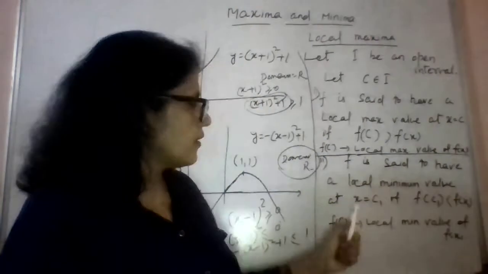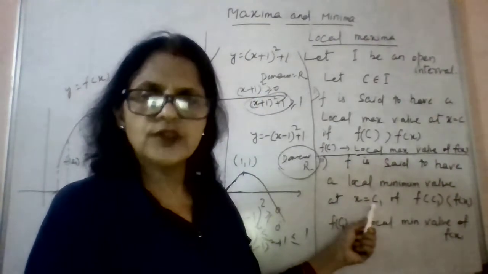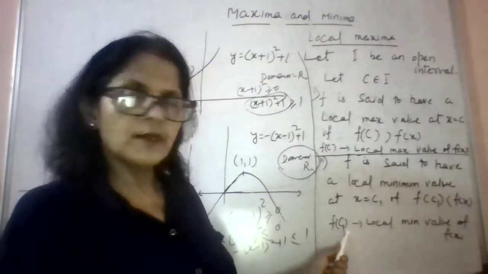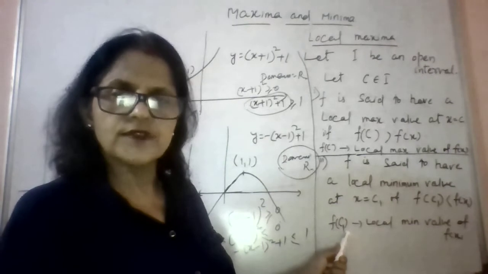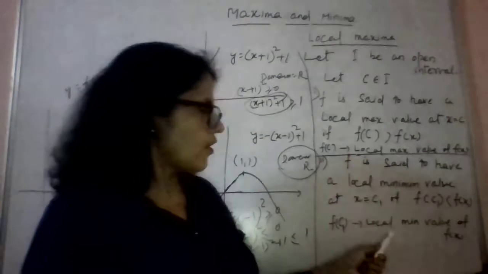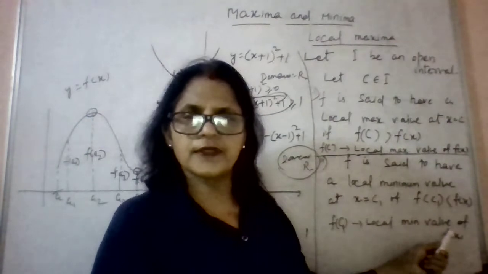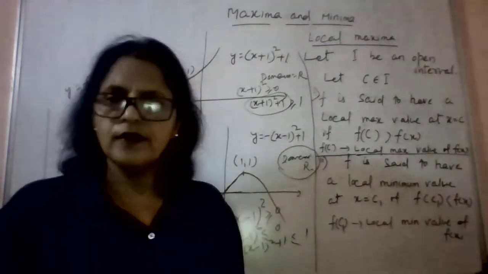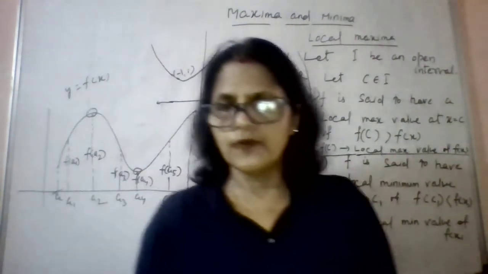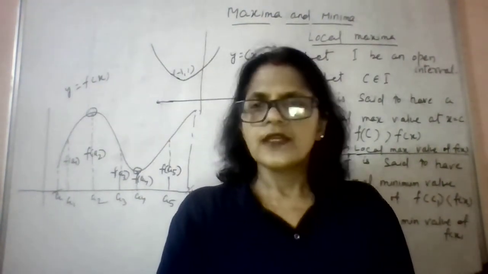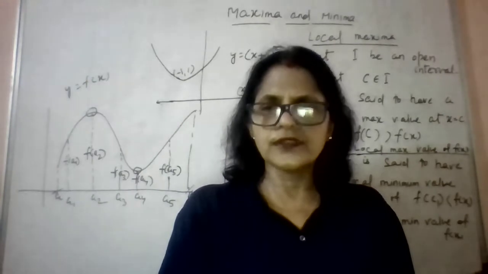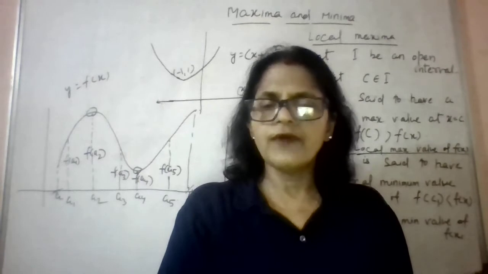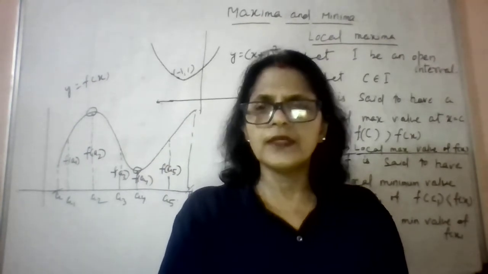So x equal to c1 is called the point of local minimum and f(c1) is called the local minimum value of f(x). So in layman's language, you can explain the point of local maximum and point of local minimum like this. Now let's see why we are studying this topic in application of derivatives, and how we can apply derivatives to it.